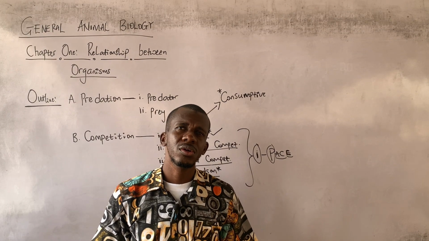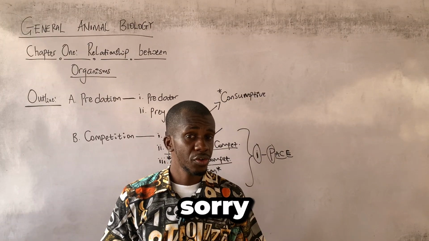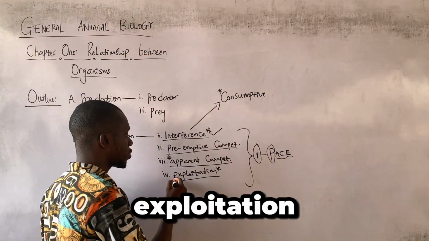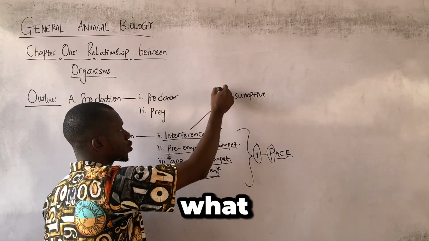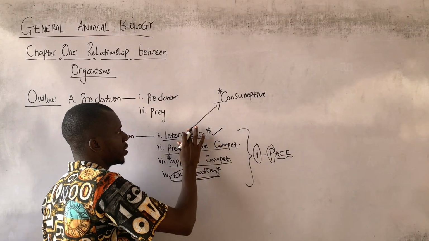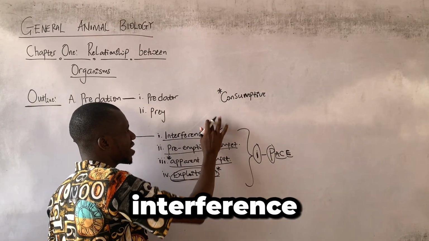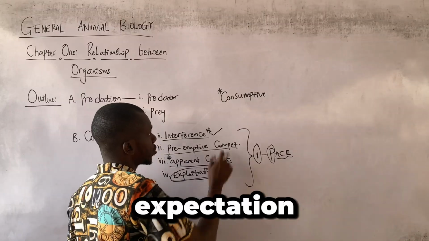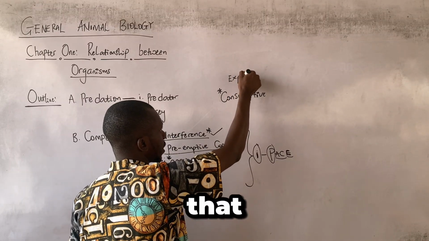Exploitation. Oh, sorry, let's correct something. Exploitation competition is what we call consumptive. All right. Interference competition. Exploitation is consumptive. Let's correct that.